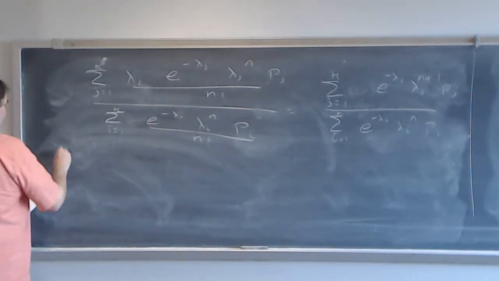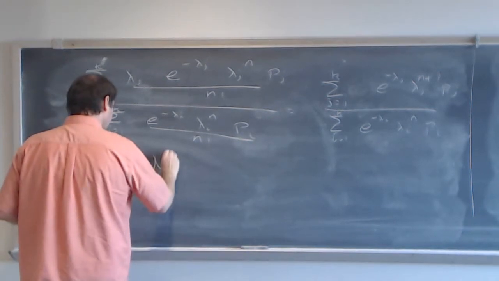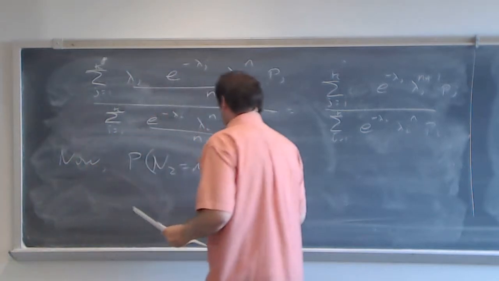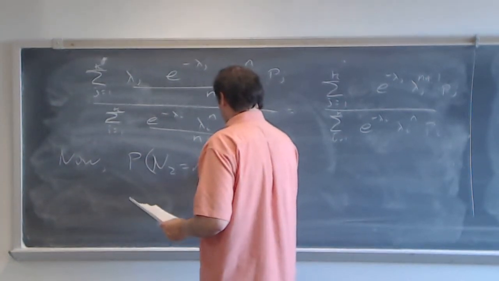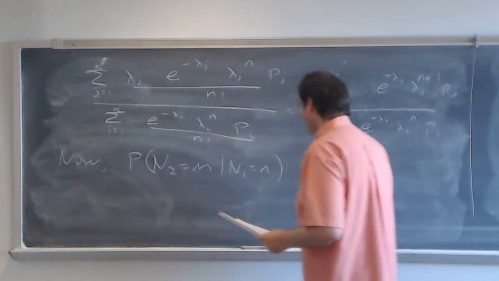Okay. Now, if we look at the second part of this problem, the probability of N sub 2 equaling m, the number of accidents in year 2 is m, given that the number of accidents in year 1 is n. Okay.